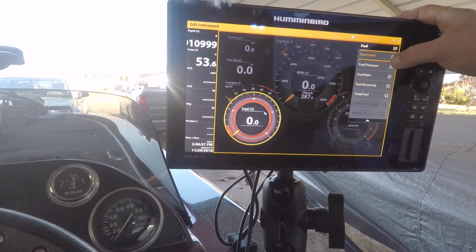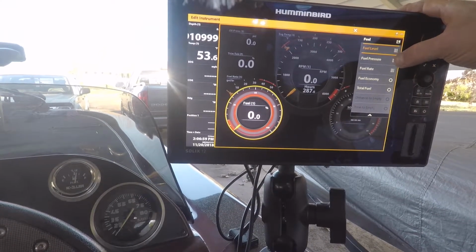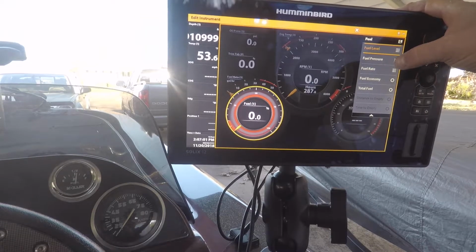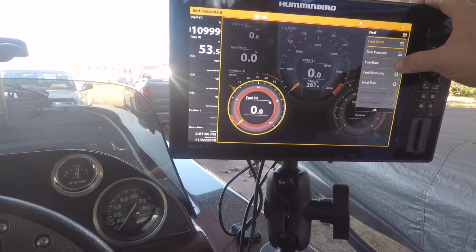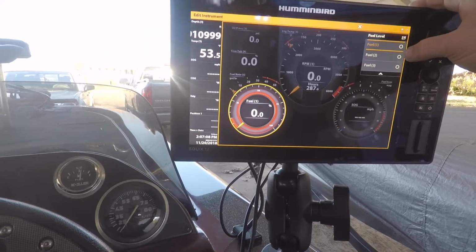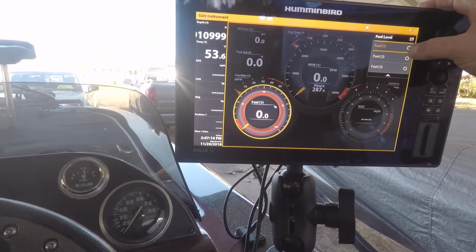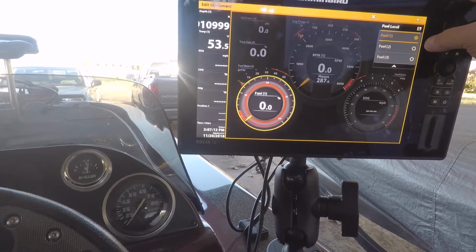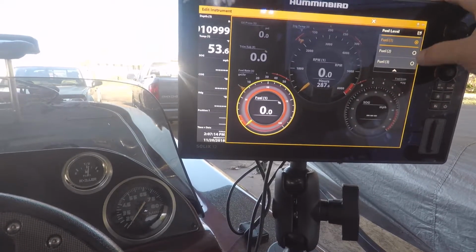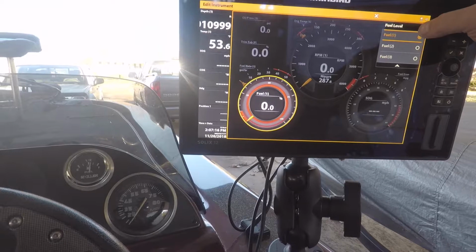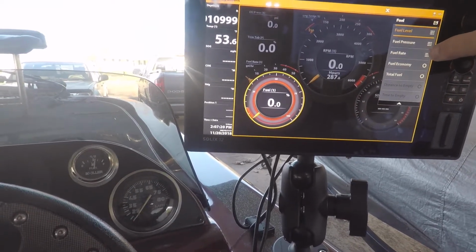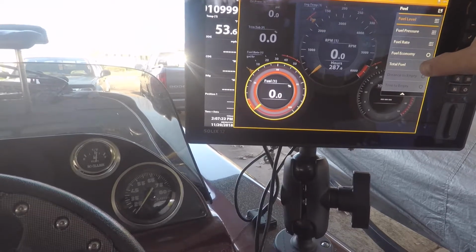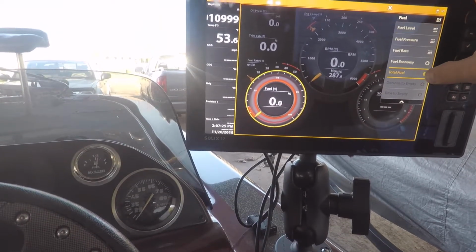This would be fuel level, sorry. I'm going to select fuel 1, or total fuel.